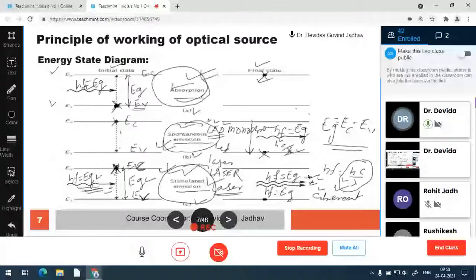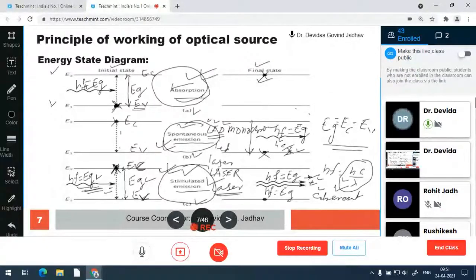Monochromatic and incoherent. Now if an external photon stimulates a jump from a higher energy state to a lower energy state, one more photon is emitted. So the original stimulating photon and the new photon both travel in the same phase relationship. The phasor values of both photons are the same, the direction of both photons is the same, and the energy value equal to the band gap energy is also the same. hf is also the same. As the energy is the same, the wavelength is the same, so the photons are monochromatic.